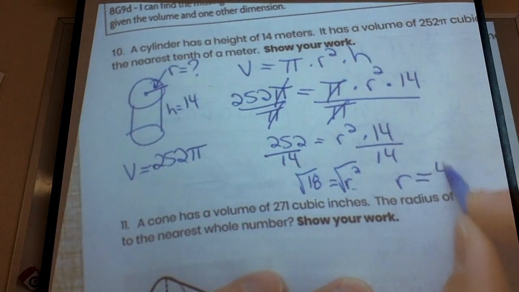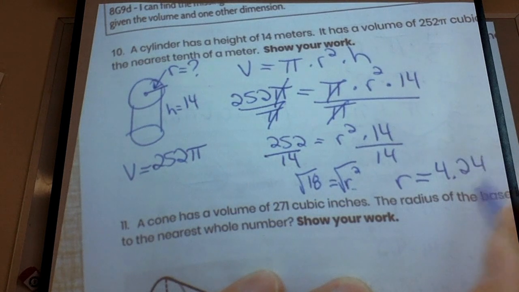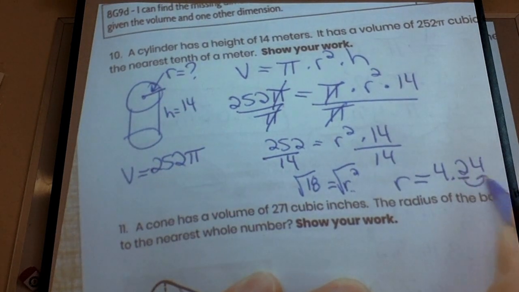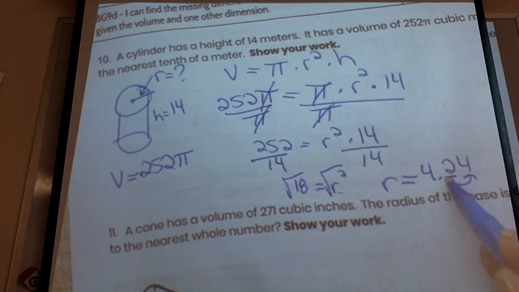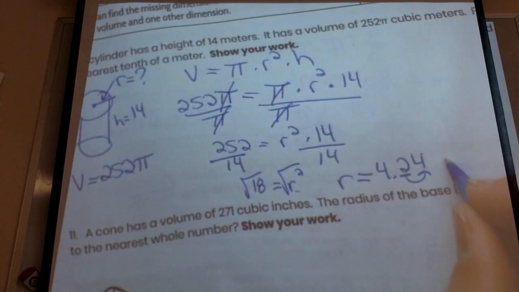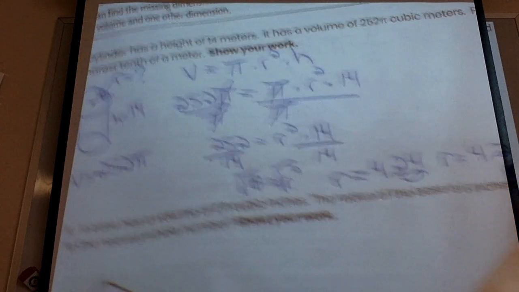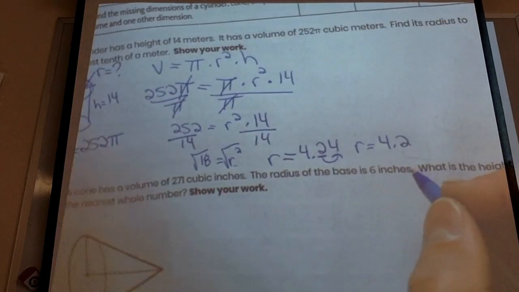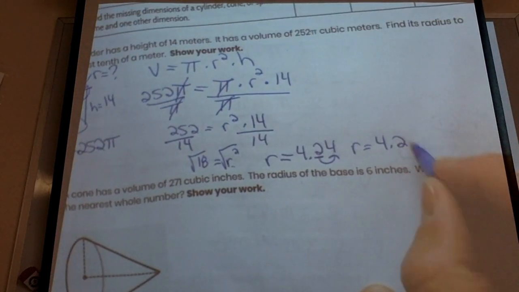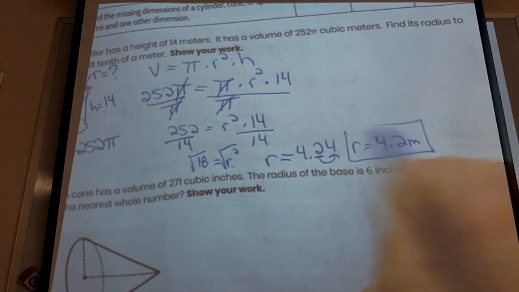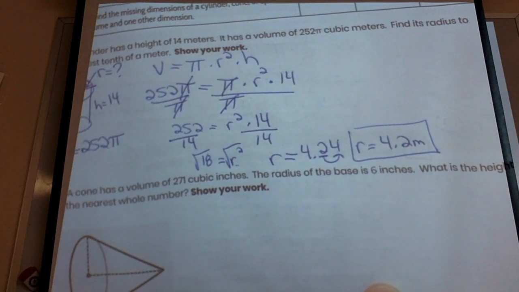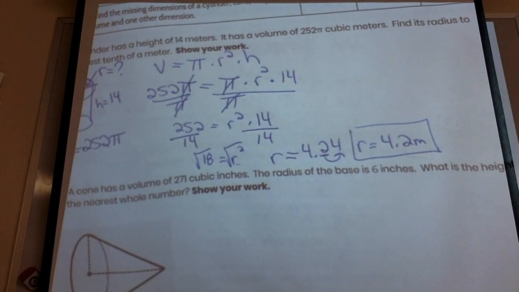So it's 4.24. Here's our tenths place. We look at the number behind it. It's not a 5 or bigger, so it's going to stay the same. So it's going to be r equals 4.2. And we're making that meters. It's not squared. It's just a measurement. We're not talking volume. We're just trying to find the radius.